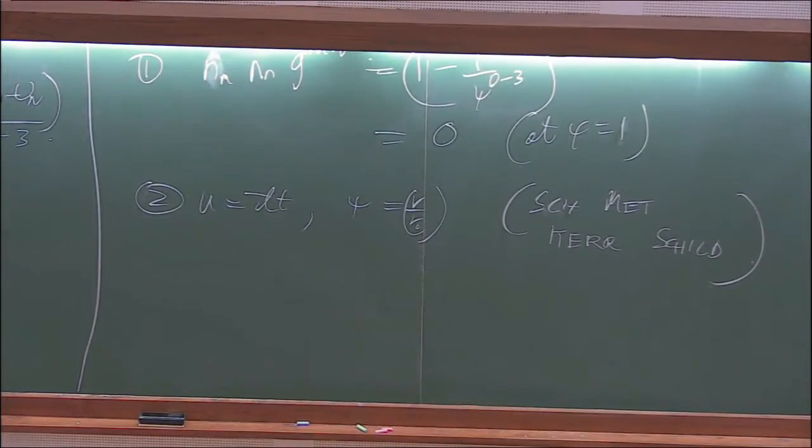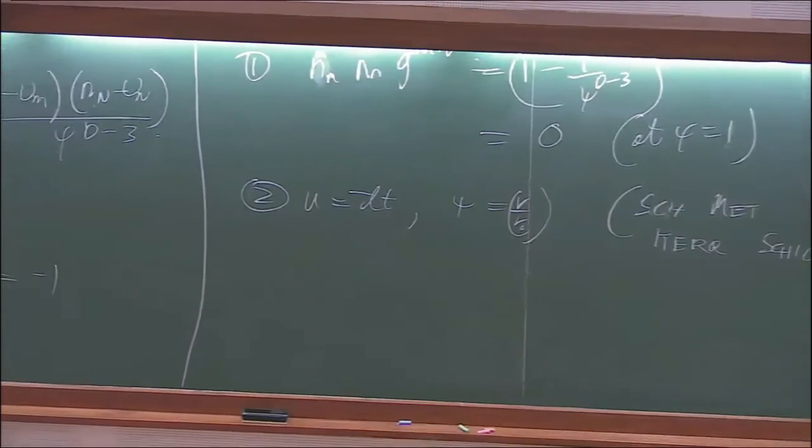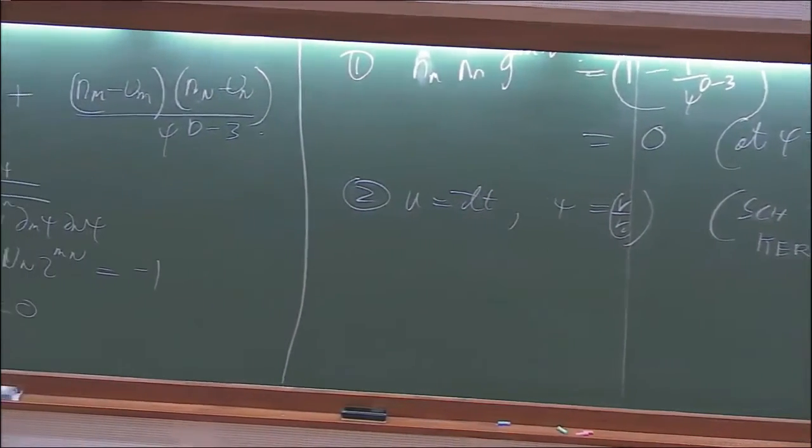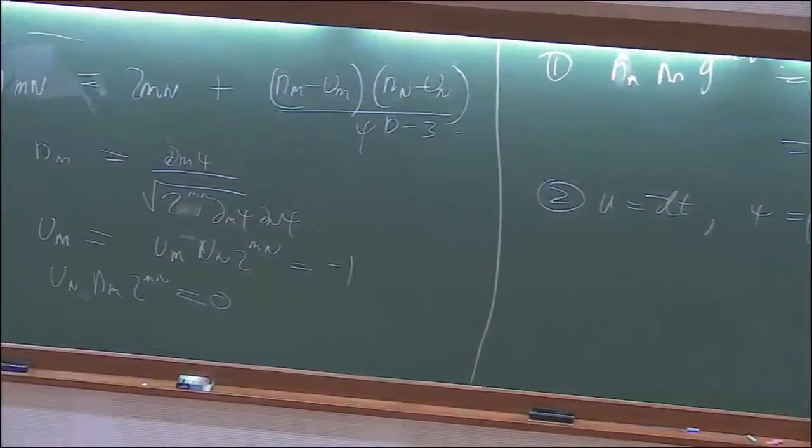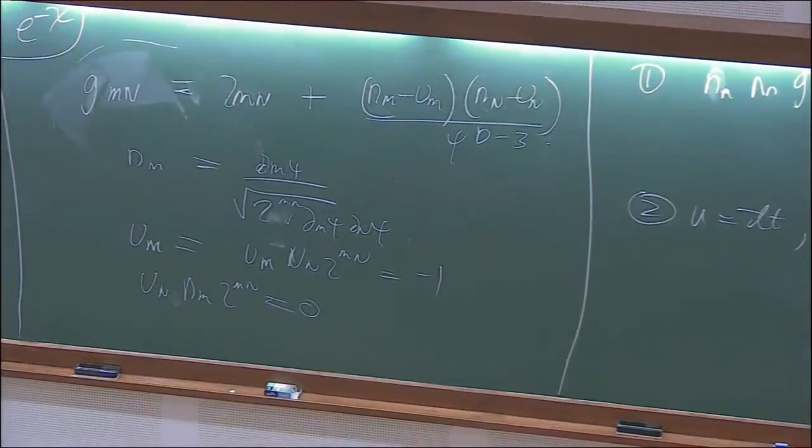So in all the metrics that we will study, this manifold psi equal to 1 is the event horizon. It's a beautiful construction of a very large class of metrics whose event horizon you completely control. As most of you know, event horizons are usually very acausal things. Here in our construction, with a suitable late time behavior, we have complete control over the event horizon.